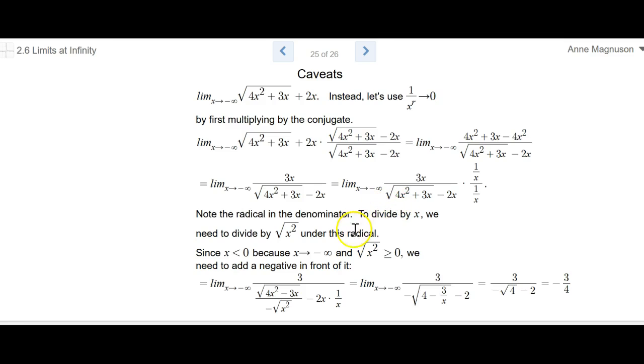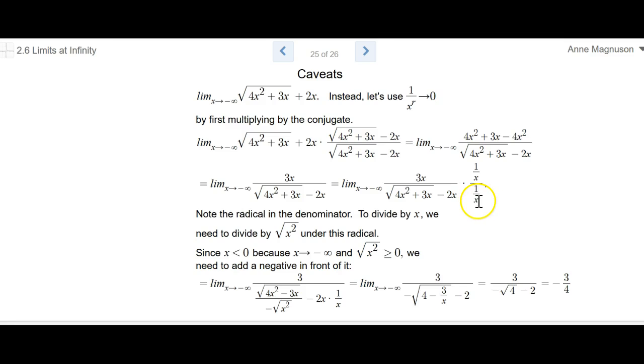So because x is less than 0, we need to remember that the square root function is always going to return a positive value, right? So the square root of x squared is always going to give me positive x. That's just the range of the square root function. But here our x's are all negative because we're going to negative infinity.